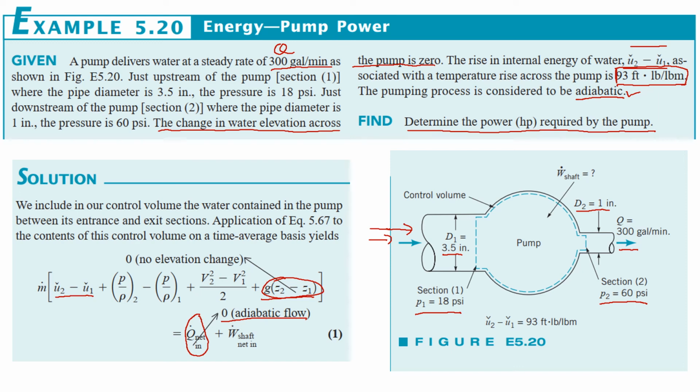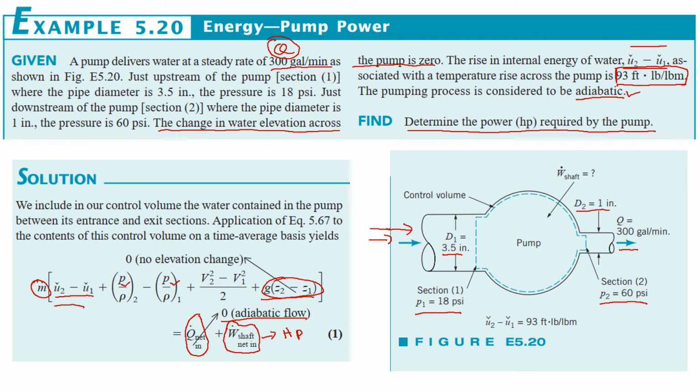So let's move on to the rest of the solution, and what we need to find is this power. This is the rate of work done by the shaft on the fluid, and this is the horsepower that we are required to find. What we don't know in this equation is the mass flow rate, but we can calculate that from the volumetric flow rate. We know these two terms. We know the pressure at outlet and the pressure at inlet.